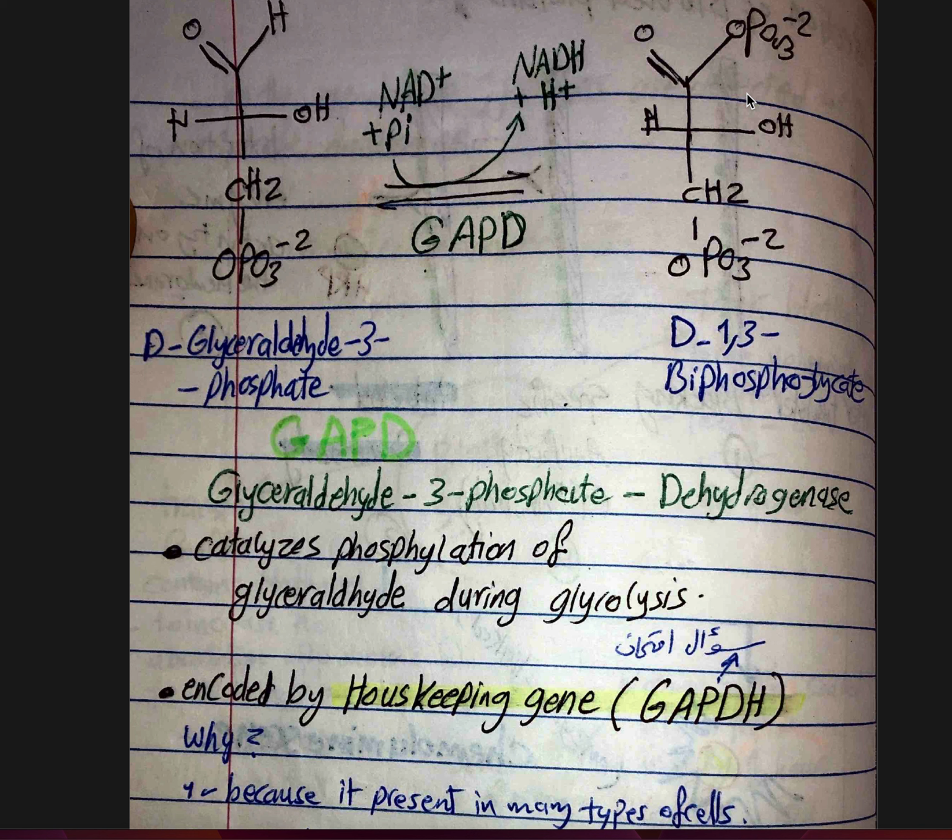If it is present in other parts of the cell, it is used in non-metabolic reactions. So the enzyme is not always used for glycolysis; it is also used for other reactions like oxidative reactions, apoptosis, and DNA repair. So it is important.